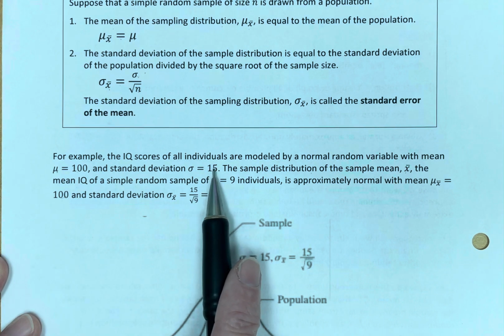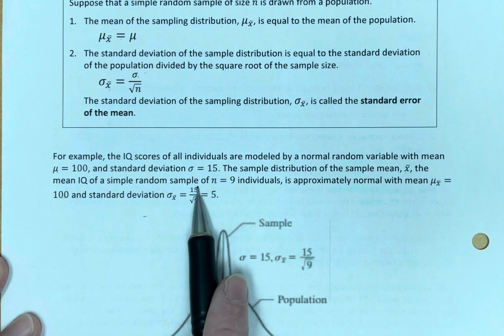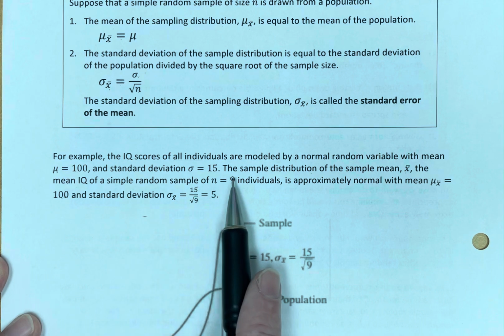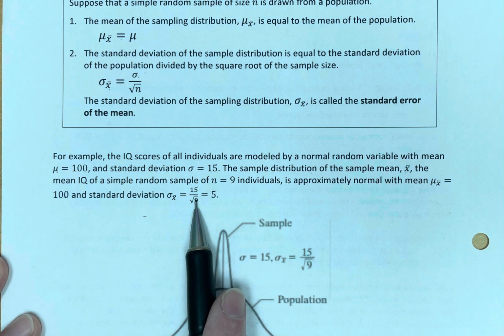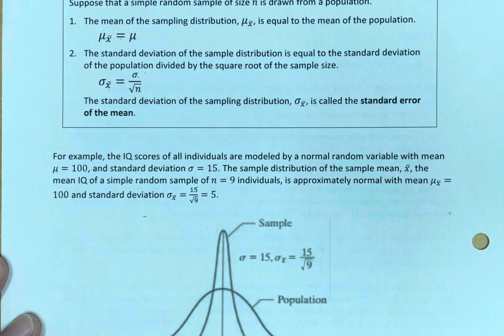So the standard deviation of the population, 15, goes in the numerator. The sample size is 9. We're going to take the square root of 9 in the denominator. 15 divided by the square root of 9 is 5.